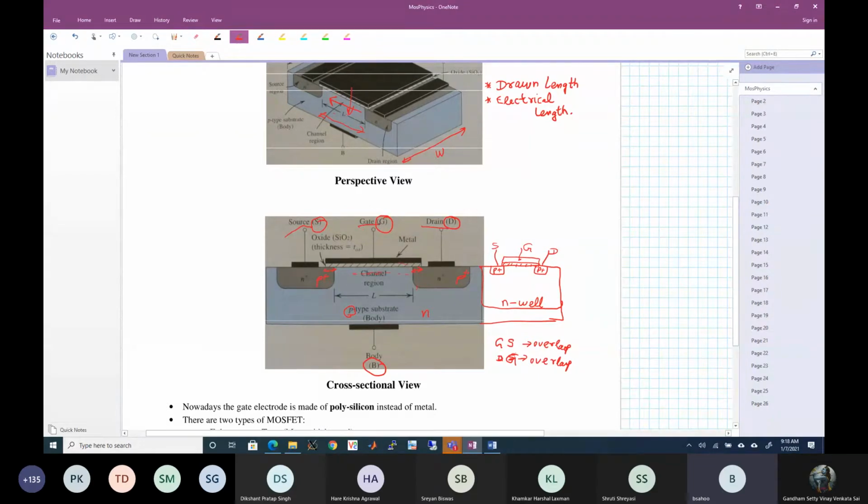It supplies the carriers, and through the drain they go out. Good point. And why is it a gate? It controls the flow. Yes, just like the gate of your house controls the entry and exit of people, the gate controls the entry and exit of the carriers, the source provides the carriers, and the drain drains out the carriers.